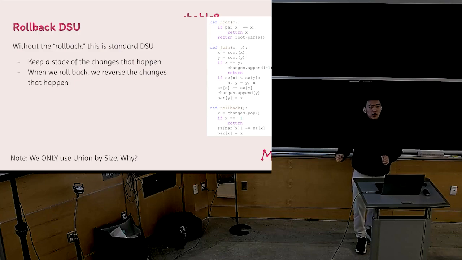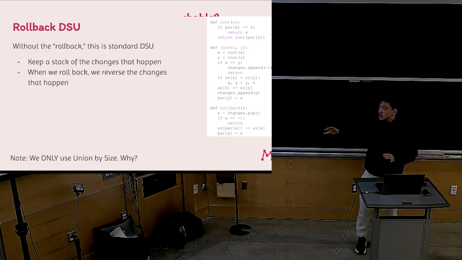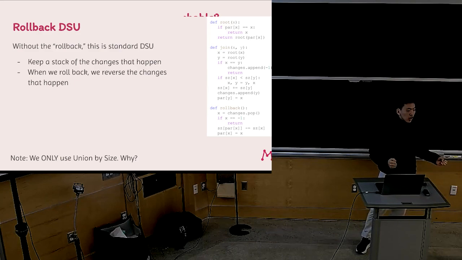And so what ends up happening is you're going to saturate your changes array with a bunch of changes that actually happen when you call the root function, for example, for queries, that you'll also need to undo before you can undo your update.